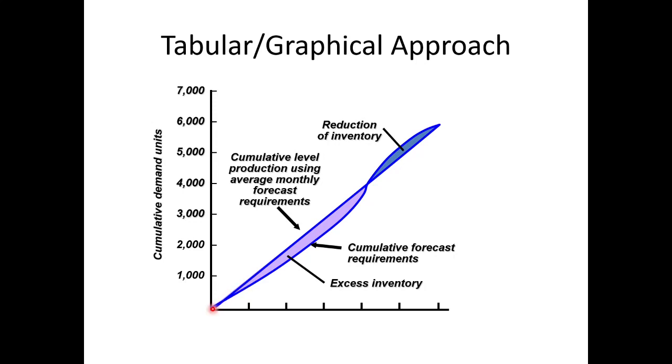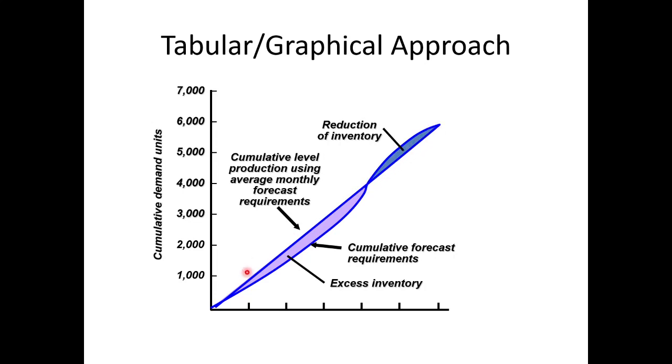This will give you what's called the cumulative level production, which is something that you will obtain when you apply the level strategy, because in the level strategy, the number of workers is fixed, so the production capacity is fixed throughout the planning horizon. So when you represent the cumulative quantity produced throughout the planning horizon, you get this straight line.